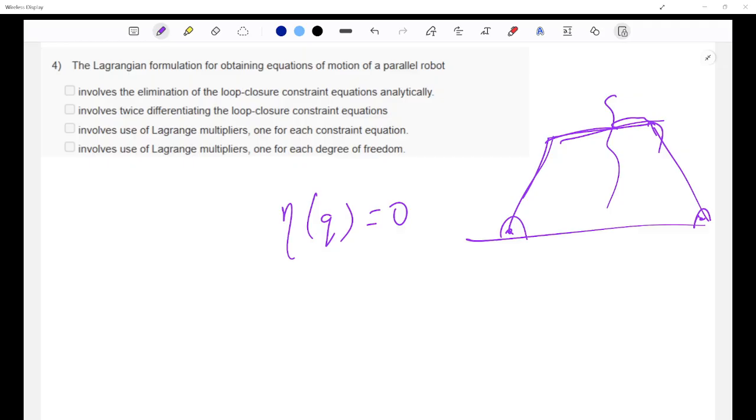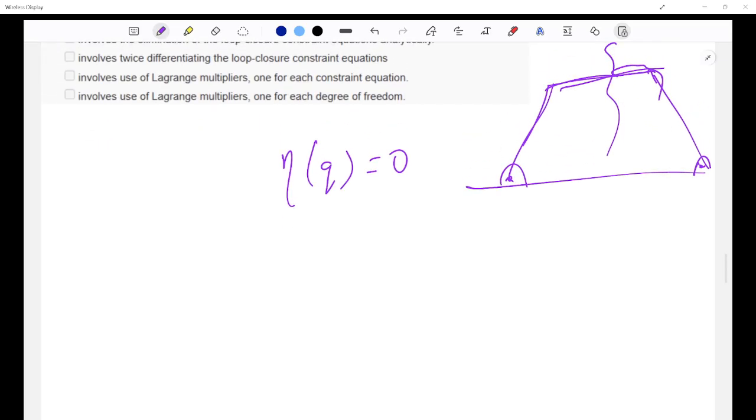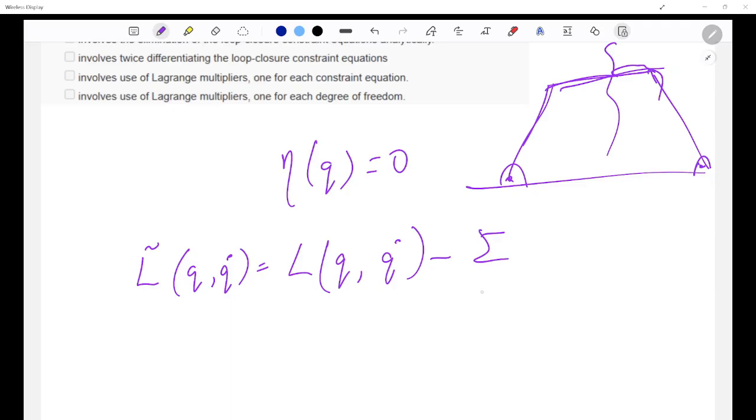For constrained systems, we modify the Lagrangian. And how do we do it? We use Lagrange's multipliers. We define a new Lagrangian, which is the old Lagrangian minus the constraint equations. Now there can be some m constraint equations, let's say, and they are multiplied with Lagrange's multipliers.